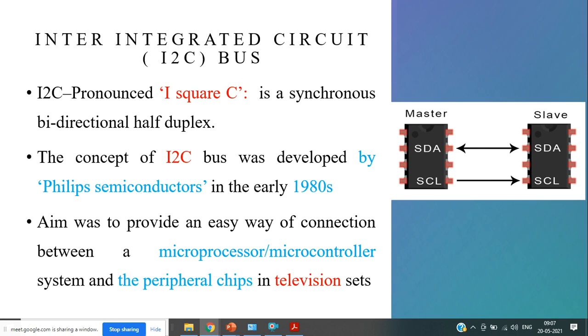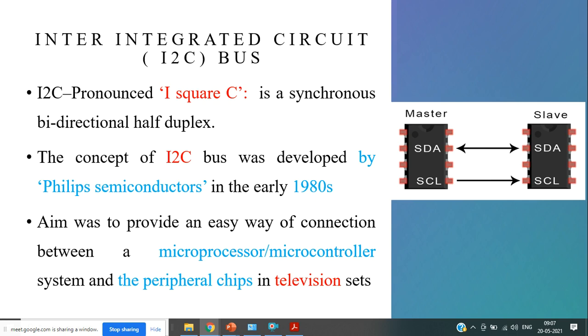These are a few among your syllabus. There are a few more communication interfaces, but we will discuss these four in a little more detail. Out of these, I2C, SPI and UART are more important because they are more widely used communication interfaces.